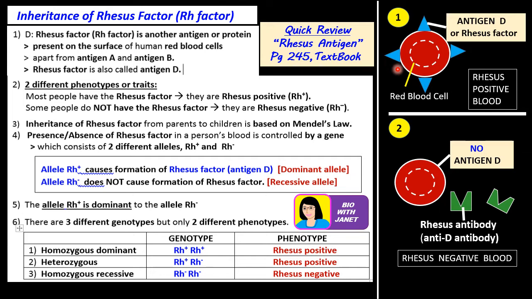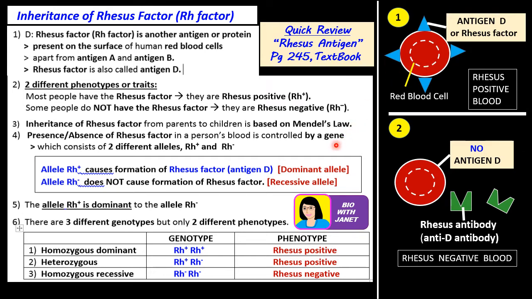He will then produce antibodies called the rhesus antibody or anti-D antibody to act on and destroy this rhesus factor or antigen D. And then it can cause agglutination of the donor's red blood cells, where they stick together. That can cause serious effects for the recipient, for the rhesus negative person.